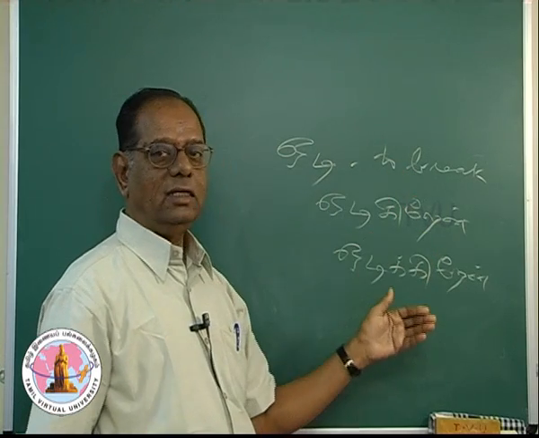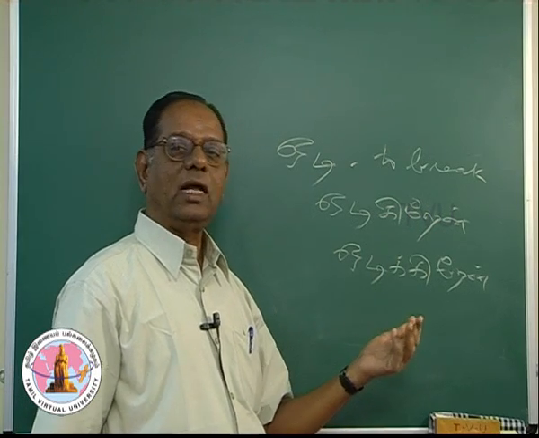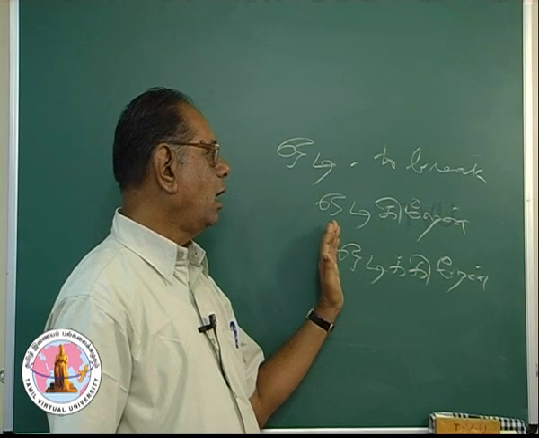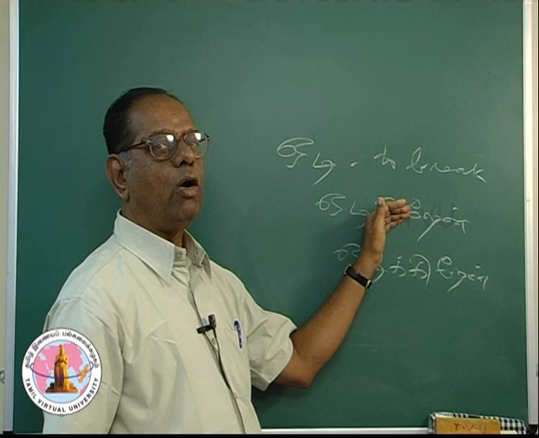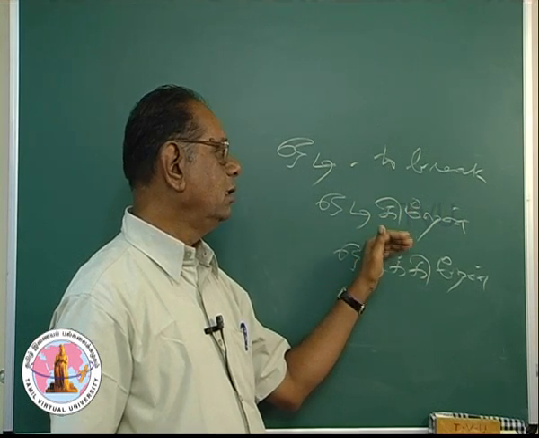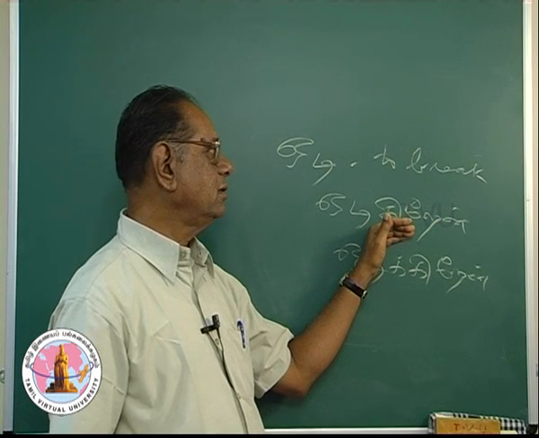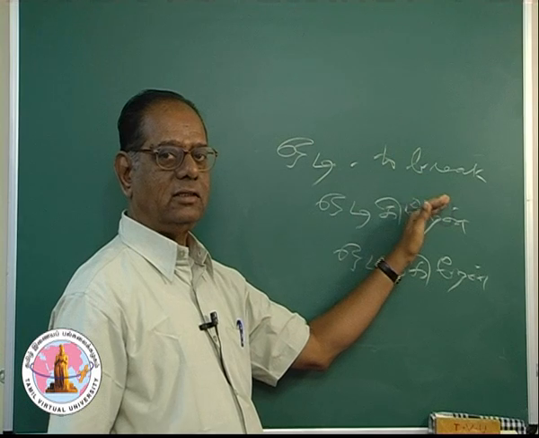And the third set is a set of verbs which are both transitive and intransitive, and have different forms in the finite form. That is, if it is a natural combination, it is intransitive.